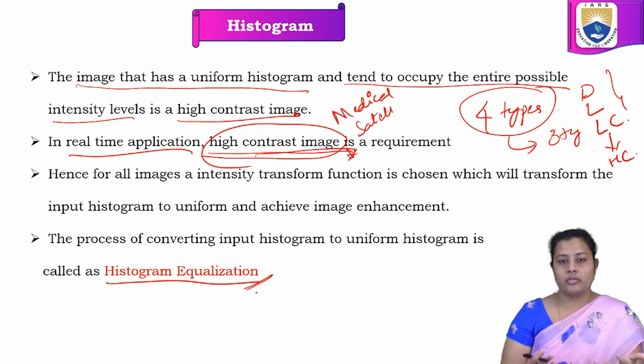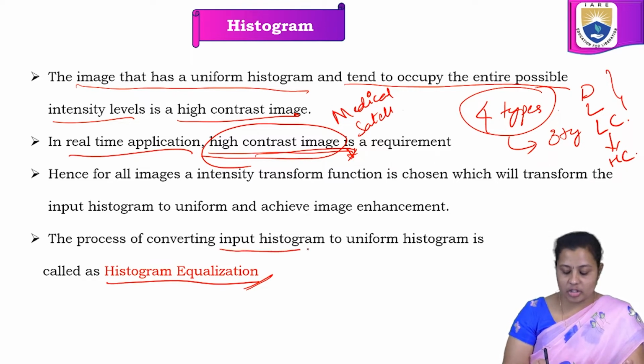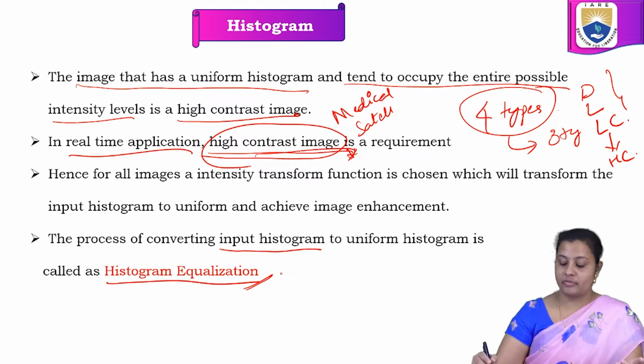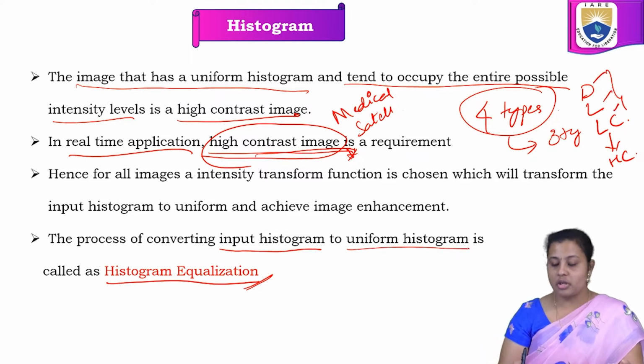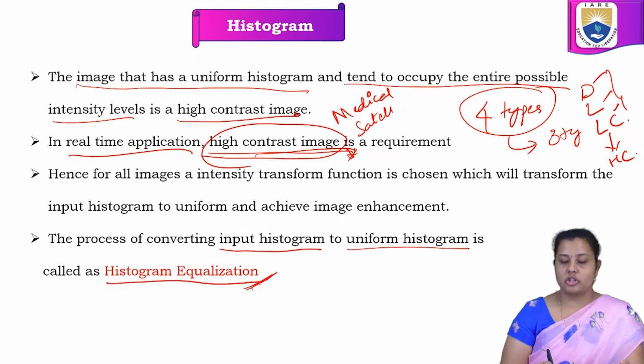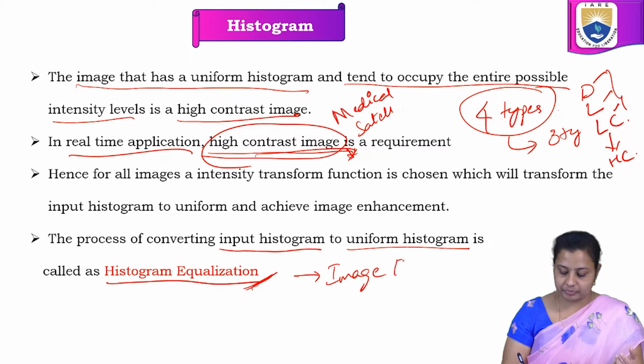In histogram equalization, we are converting my input histogram, which can fall in either of these three cases, to a uniform histogram. This process is called histogram equalization. Using the histogram equalization process, I can achieve image enhancement.